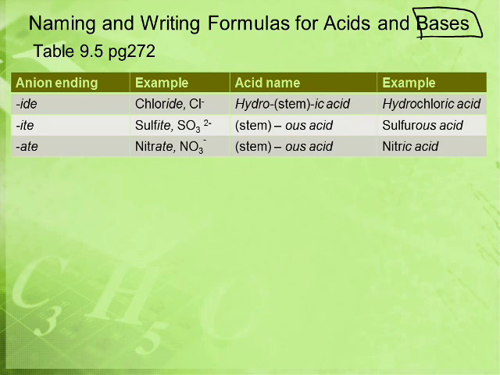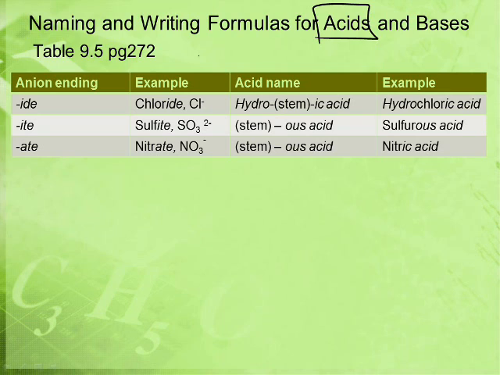Now acids, though, you'll see different things. We will see some things like HCl, hydrogen chloride, but it's also hydrochloric acid. An acid is really anything that will produce hydrogen ions, also called a proton, in solution or water. So something that is leading with an H is usually an acid.